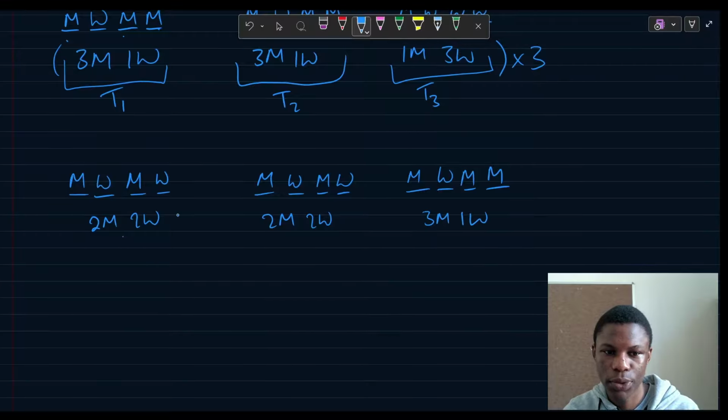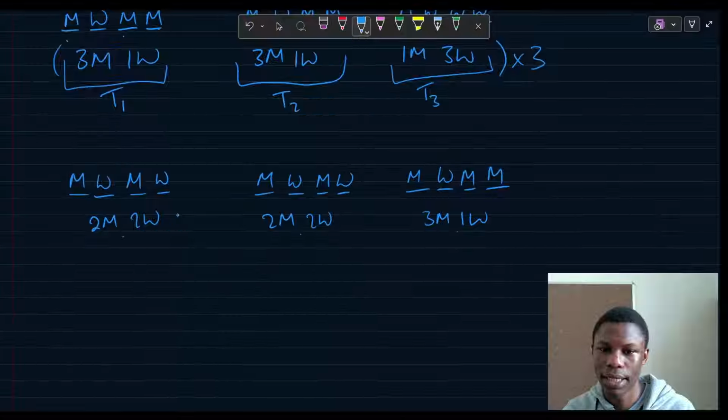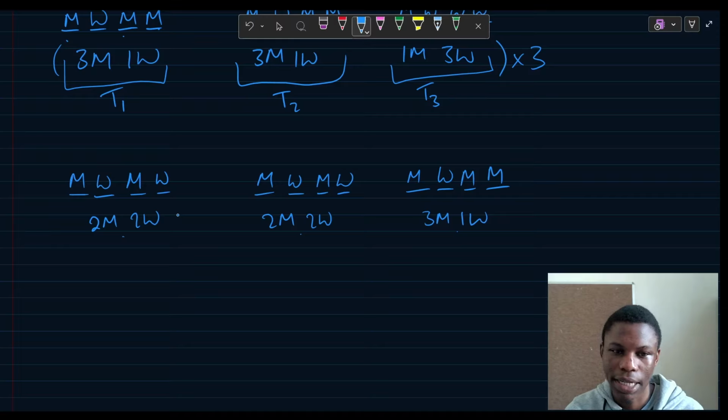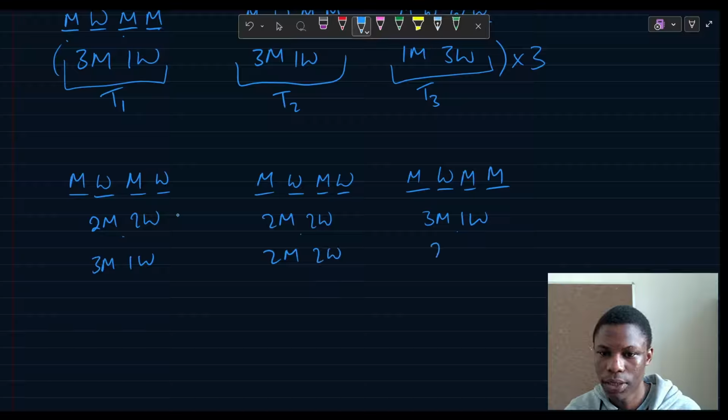So now I'm sending 2 men, 2 women to town 1, 2 men, 2 women to town 2, 3 men, 1 woman to town 3. But it doesn't have to be that way. Any of these groups could go to either town. So to take into account for that, I know that I can also rewrite this as 3 men, 1 woman, 2 men, 2 women, 2 men, 2 women.